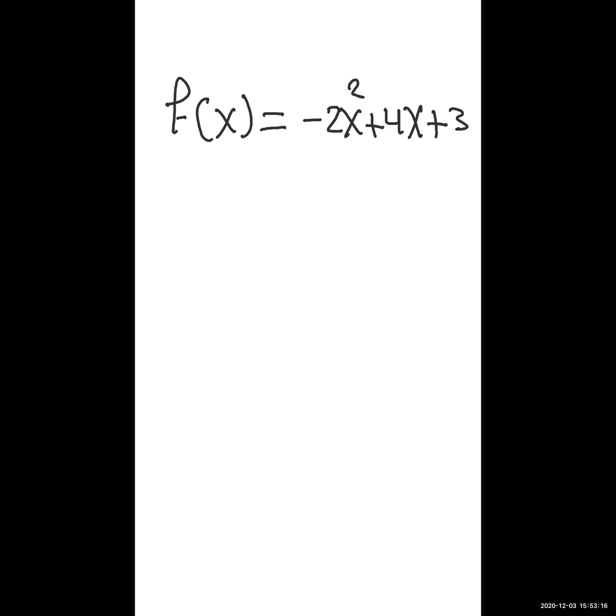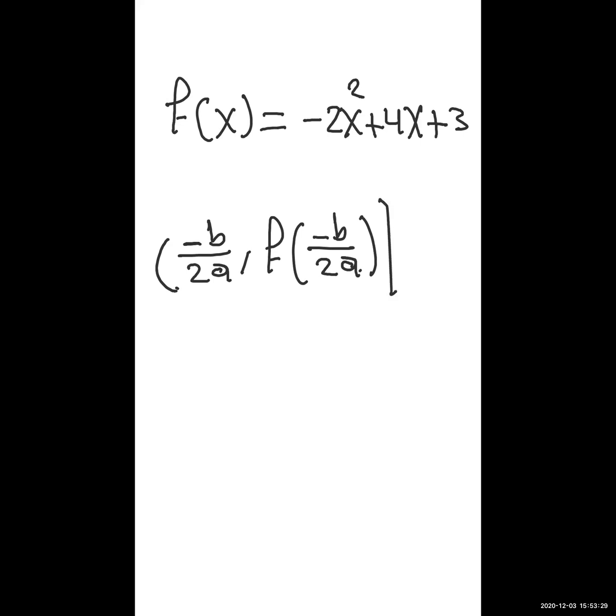The vertex point here will equal negative b over 2a, and the function of negative b over 2a. Now a equals negative 2, b equals 4, c equals 3.